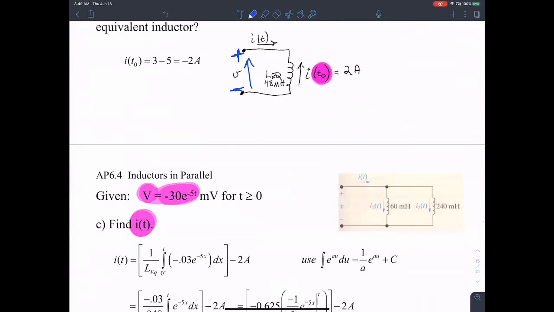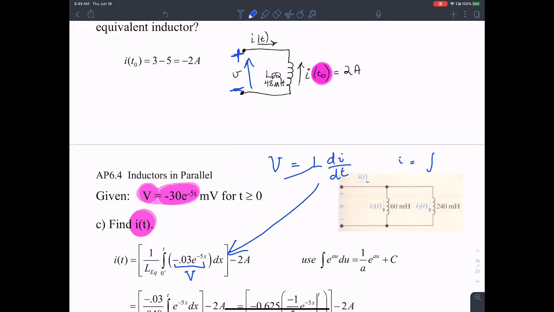We know for a fact the voltage across an inductance is L di by dt. So if you wanted to find I, you'd have to integrate the voltage. That's the voltage, so I is the integral.